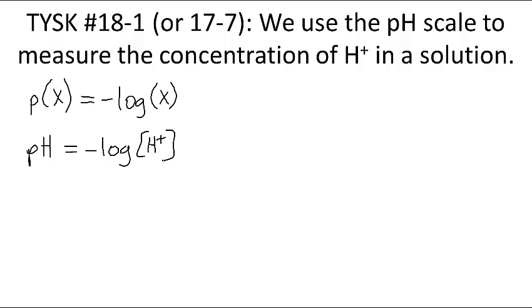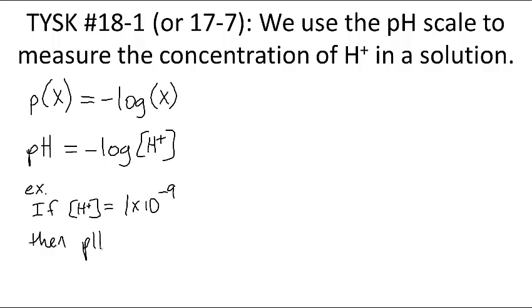So pH equals negative log of concentration of H plus. For example, if the concentration of H plus equals 1 times 10 to the negative ninth, then pH equals the negative log of 10 to the negative ninth, which is 9. Okay?